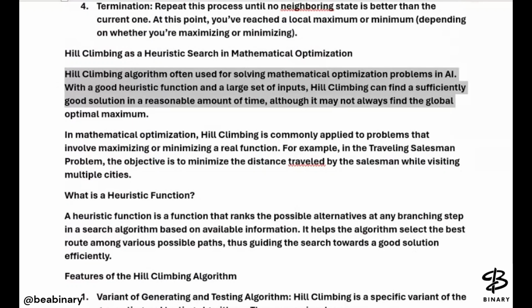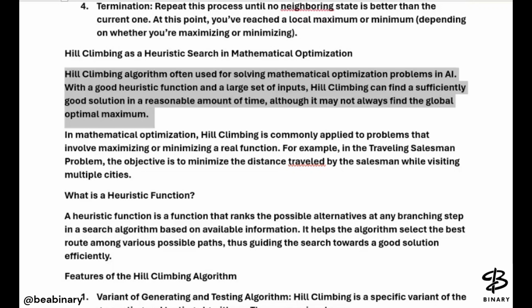Hill climbing can find a sufficiently good solution in a reasonable amount of time, although it may not always find the global optimal maximum. We are just talking about the local optimal maximum here.